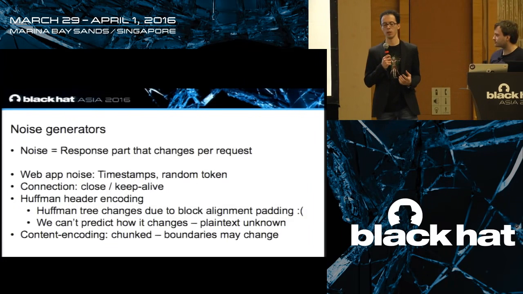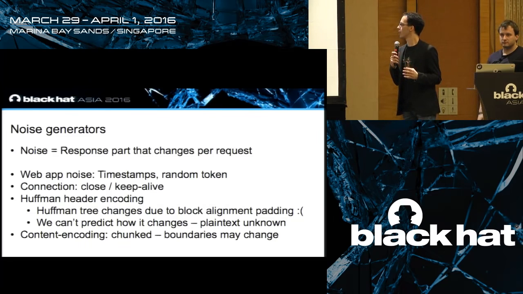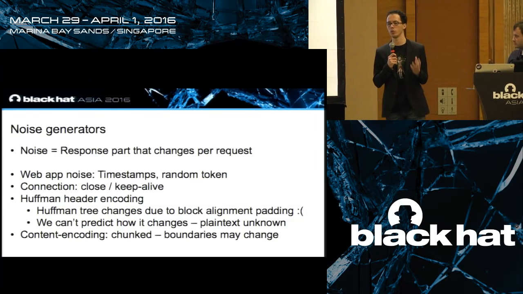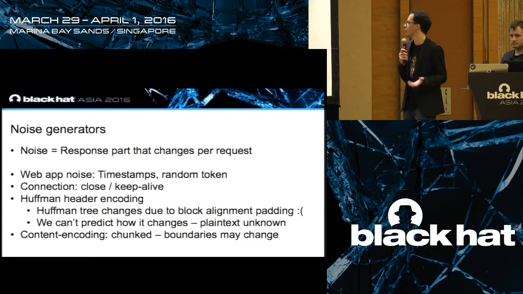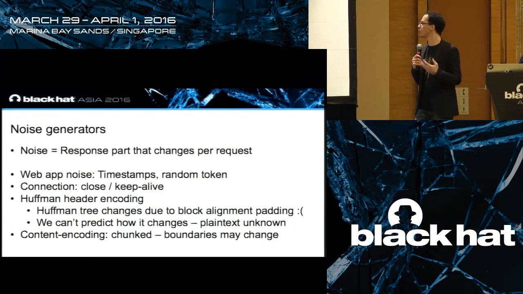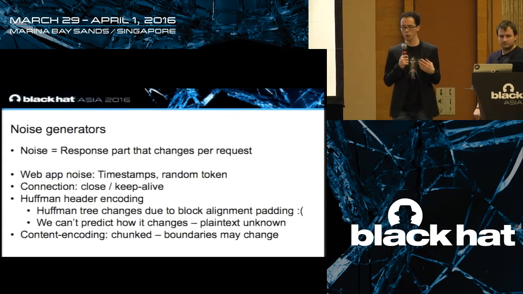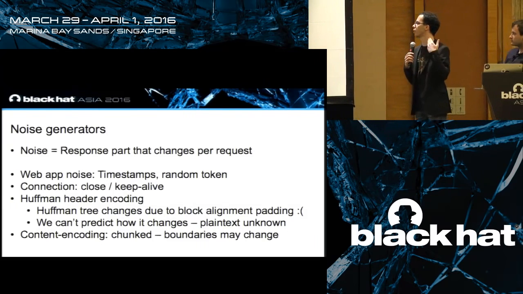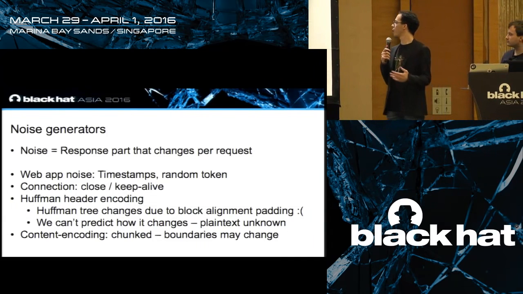Another case of noise is the actual Huffman coding. In this case, we can't predict how the Huffman tree will be encoded during compression because we don't know the response body, we don't know the plaintext. So even after that, we also introduce our noise for the block alignment. So we don't know how this noise for the block alignment will affect the Huffman tree and consequently the compression and the encryption that we finally see.